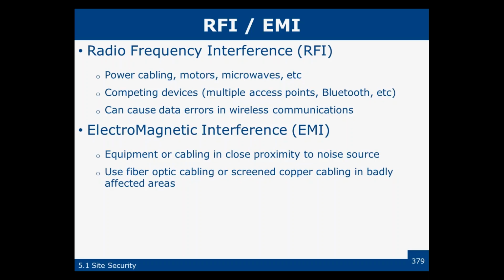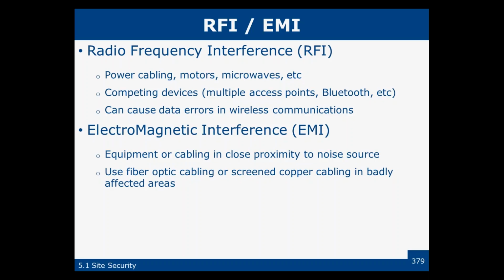EMI is electromagnetic interference. It's caused by cabling in close proximity to the noise source. At one time, in one place, we had a power conditioner that was in the middle of a lab, and back during the CRT days, if you set a CRT machine close to it, the image became nice and wavy on it.